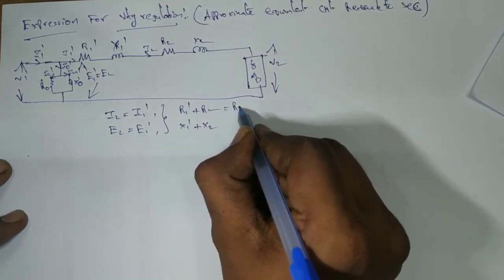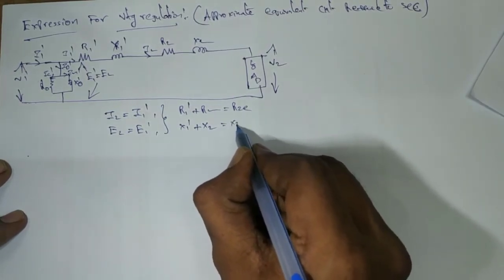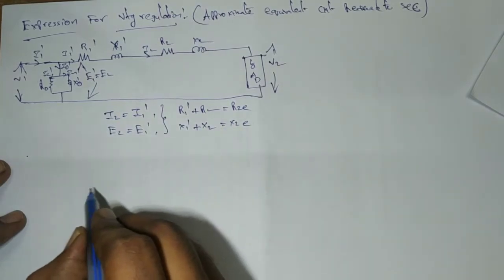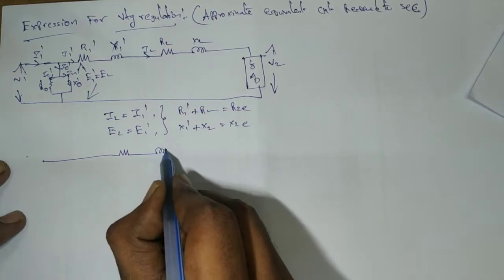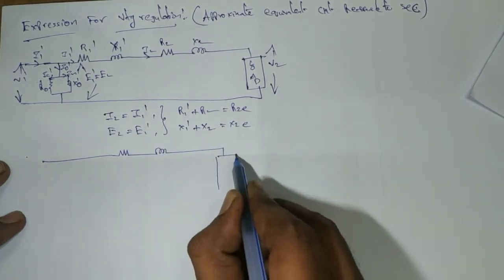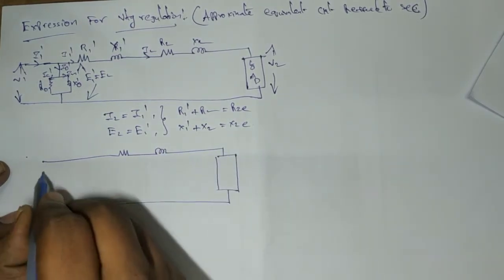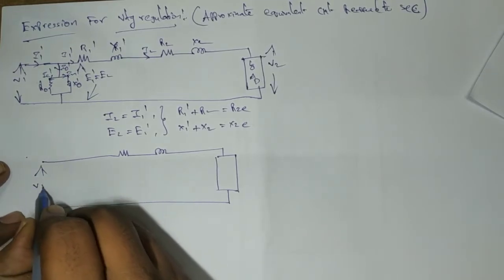That is the total equivalent resistance referred to secondary and total equivalent reactance referred to secondary. If we substitute these values in the diagram, the approximate equivalent circuit is again modified in terms of R2E and X2E.